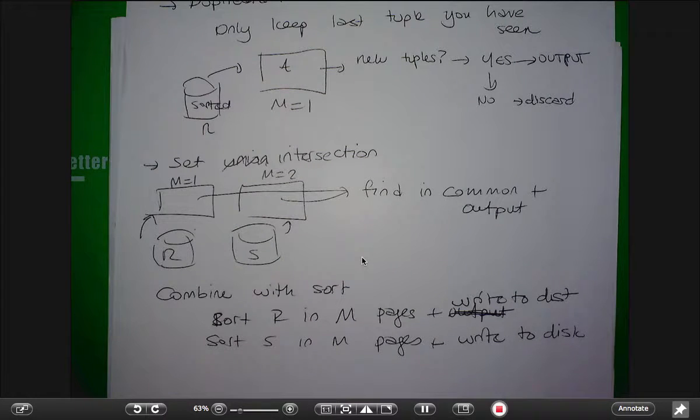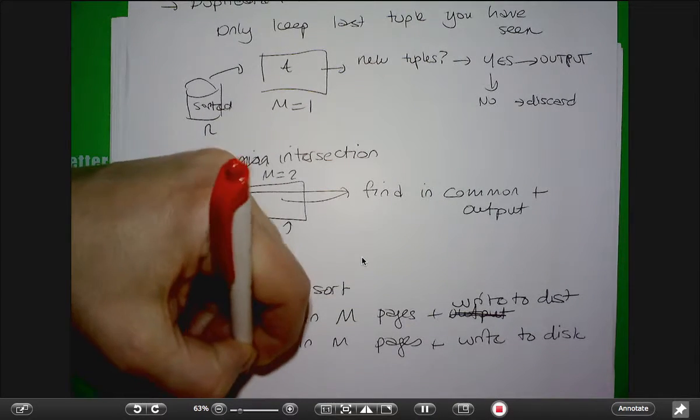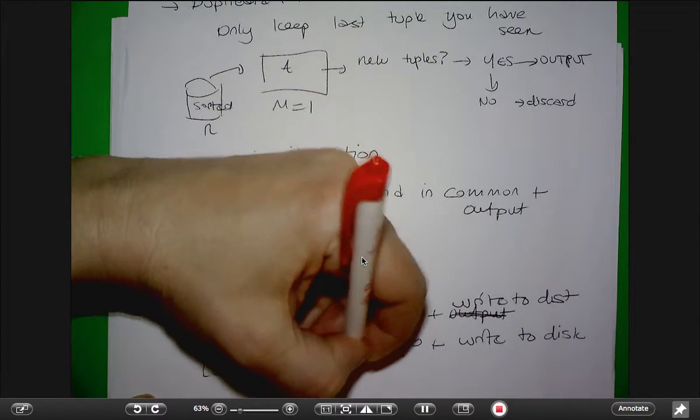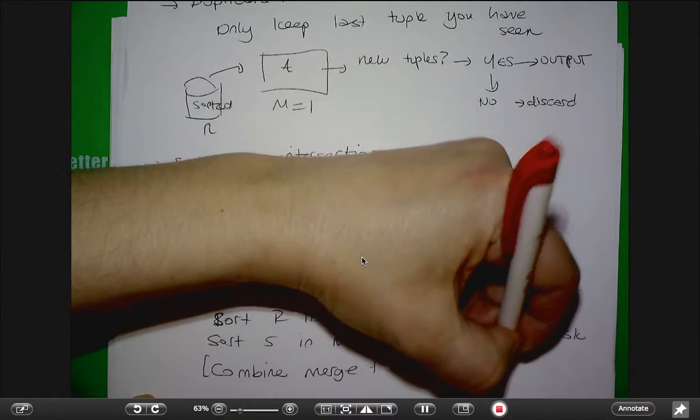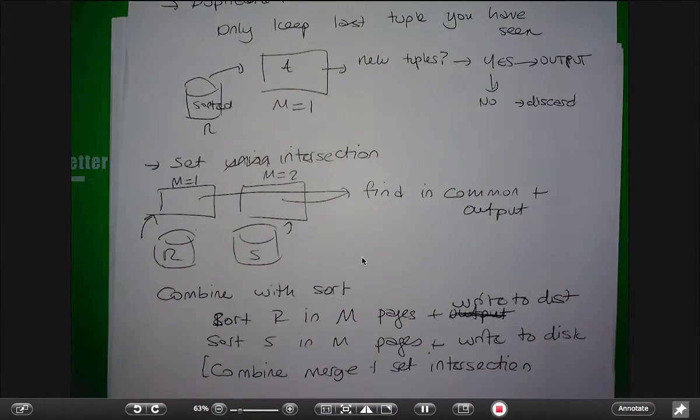And then in the final stage, what I can do is I can actually implement the merge and the set intersection together. So here I can combine merge and set intersection if I have 2 M pages.